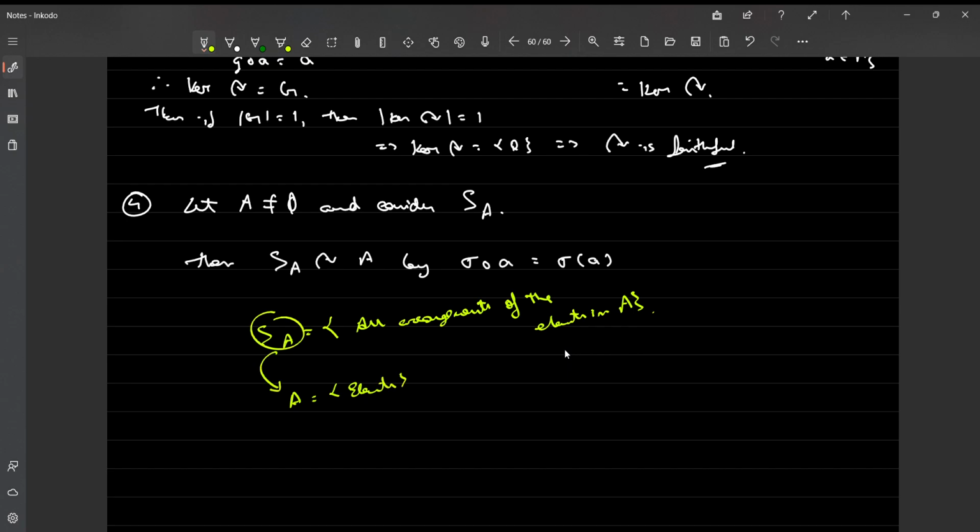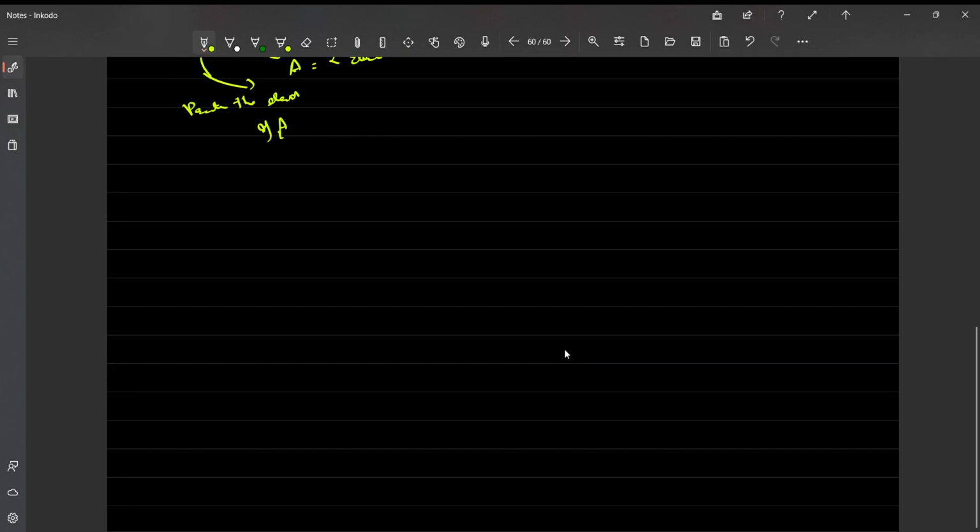So S_A acting on A works as a tool: the elements in S_A permute the elements of A. You can think of S_A as a machine. When A is fed into the machine, the outcome is different rearrangements of it. Clear? Okay. The next example is a bit important and also a bit complex, but you can understand it.